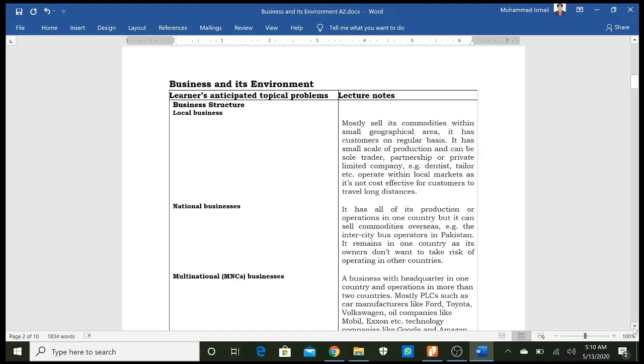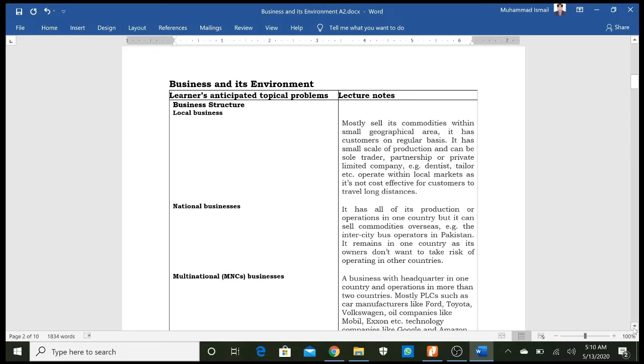Because tailors locate in those areas to stitch tailor-made clothes. They operate within local markets as it is not cost effective for customers to travel long distances.